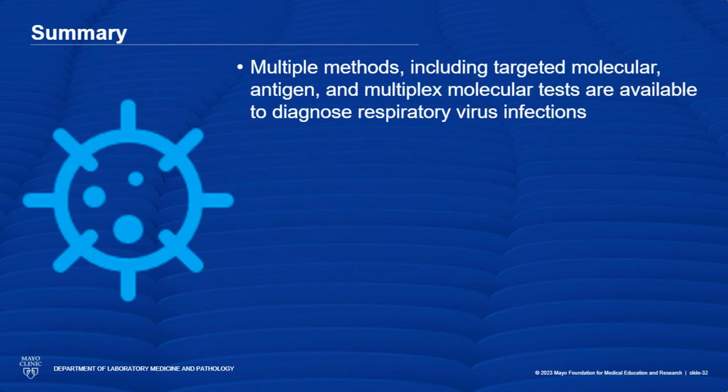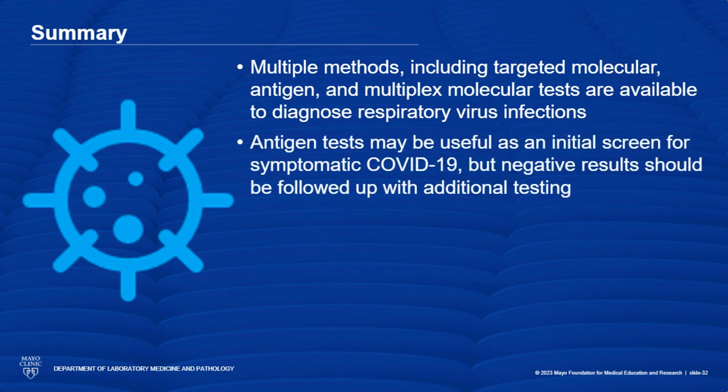So to summarize, we now have multiple methods available to us, targeted molecular antigen multiplex tests to diagnose these infections. I'm surprised to say that antigen tests may be useful as an initial screen for symptomatic COVID-19, but if you get a negative result, you really need to follow up with additional testing, especially given the changes in viral kinetics that we're seeing.